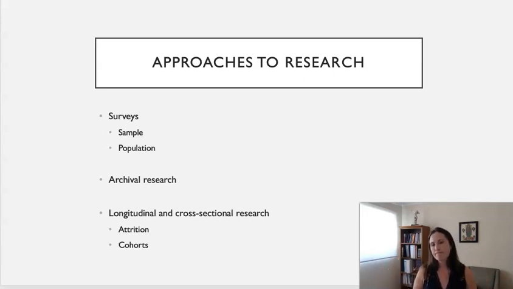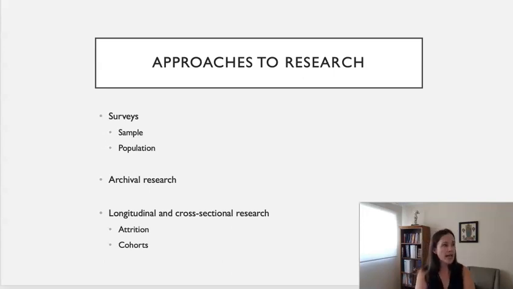of data. And then finally, longitudinal versus cross-sectional research. You need to know the difference between these two. Longitudinal research, you look at one group of people more than once. So you go back to them over a 3-month period or a 3-year period. There's been some famous longitudinal studies.